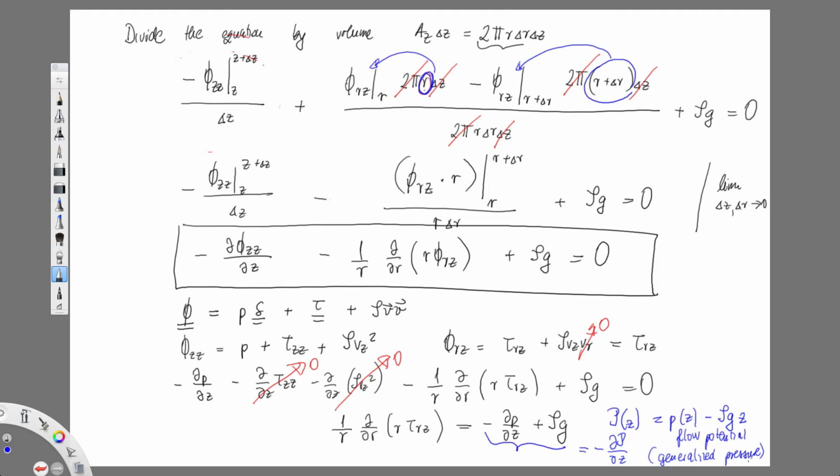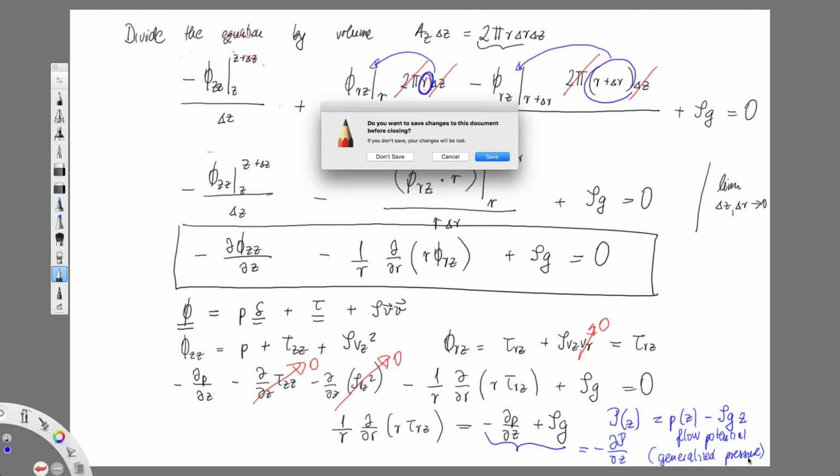So don't remember that flow potential is always P minus rho g z. Not always, it depends. So essentially look at the equation and see what's convenient. So define it, so this is minus dp dz. Okay, so let me now see.